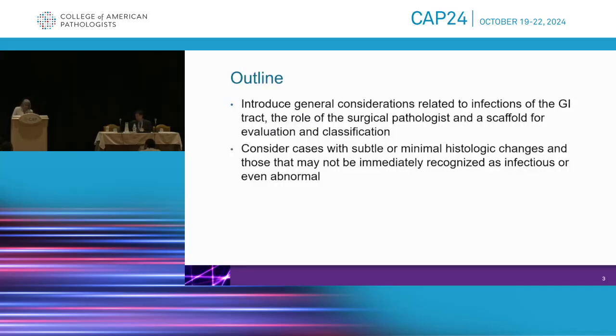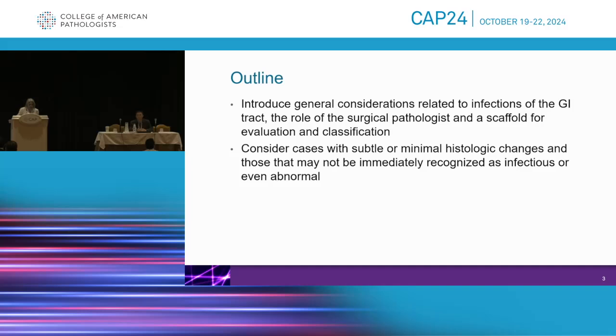To present to you what we'll go over today, we're going to introduce some general considerations related to infections of the GI tract. We'll think a little bit about our role as the surgical pathologist, and what we really aim to do is provide a scaffold and some foundation for you to consider these infections as you encounter these in your practice.